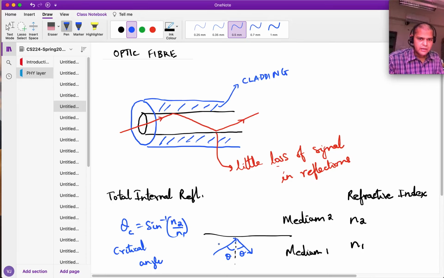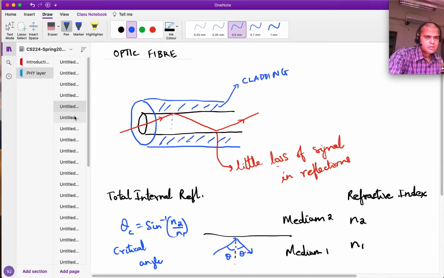So if the angle is larger than this critical angle, the signal would keep bouncing off. If it is less than that, then some of it is going to go into this particular medium. It's going to escape. So you want your signal to come in at an angle. You want this angle to be large enough so that the whole signal bounces off. Okay.